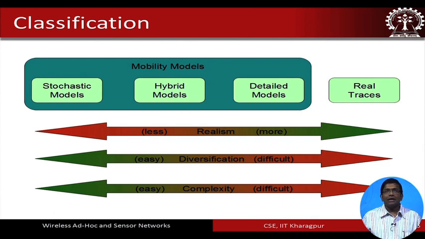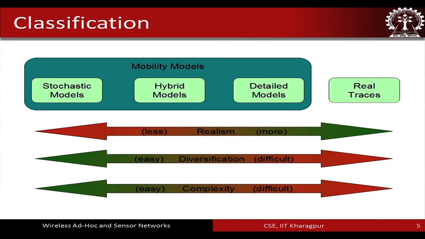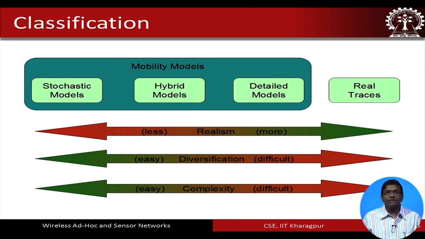If we look at these three classes of mobility models, in terms of realism, the stochastic models are the least realistic, whereas the detailed models are the most realistic.